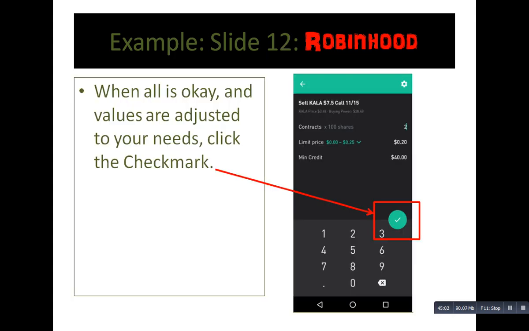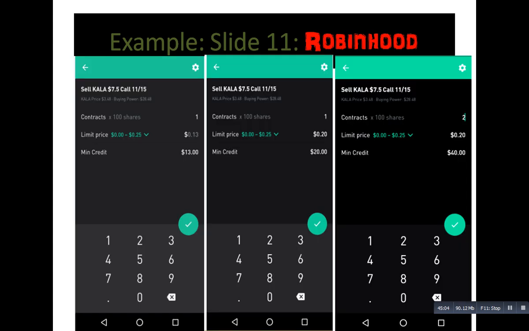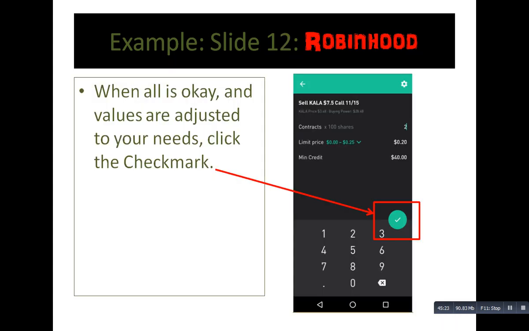Now, if everything is okay, in my example I'm going to choose this last option, where I'll attempt to sell two contracts at 0.20 a share, giving me $20 for 100 and $40 for 200 shares, if the price of the share does not go above 7.5 by the end of November 15. If everything is okay, which is just a repeat of the screen in this slide, I have to click on this check mark button over here.